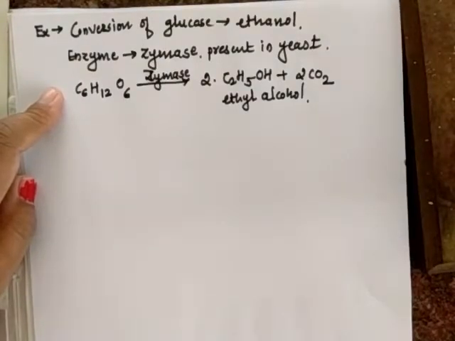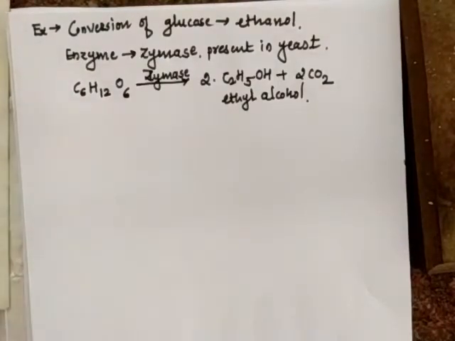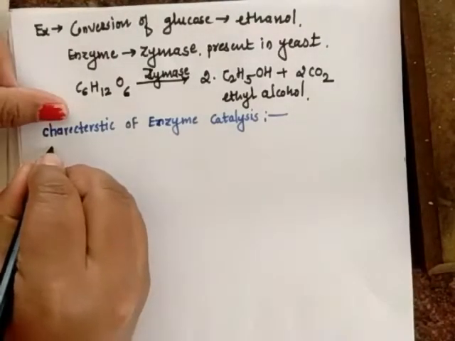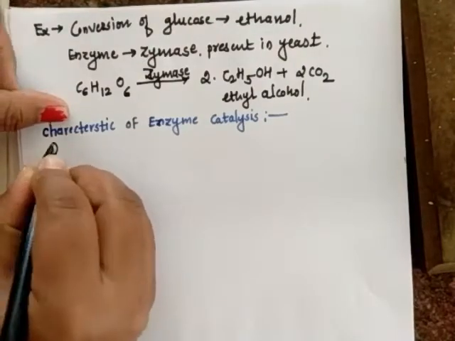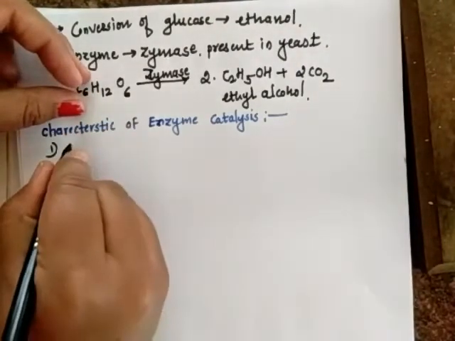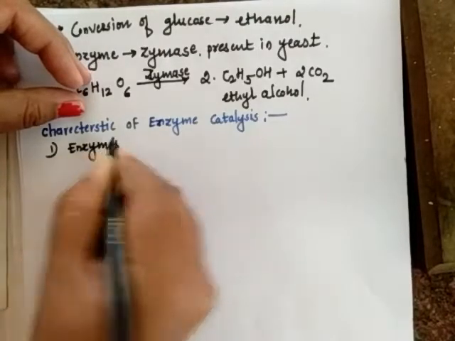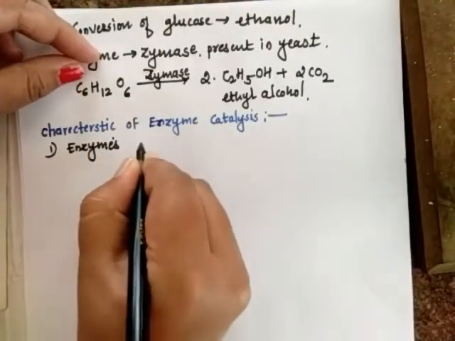Now let's see the next part. There are some characteristics of enzyme catalysis. The enzymes are highly specific in their action. Okay, we will see one by one. We have mainly 8 characteristics. The first one is there. I'll write first and then I will explain.